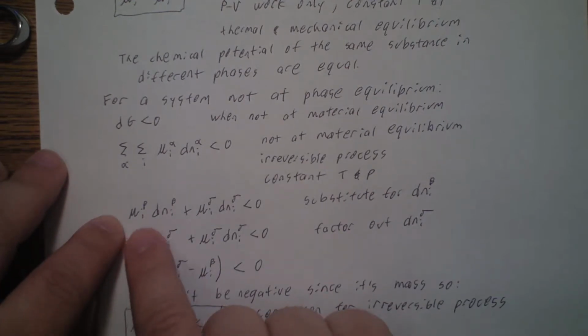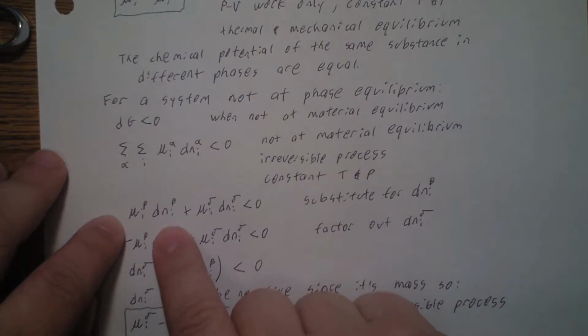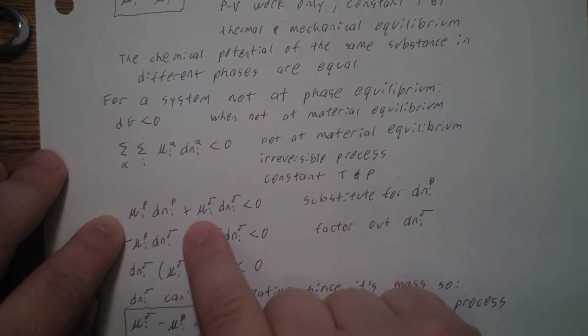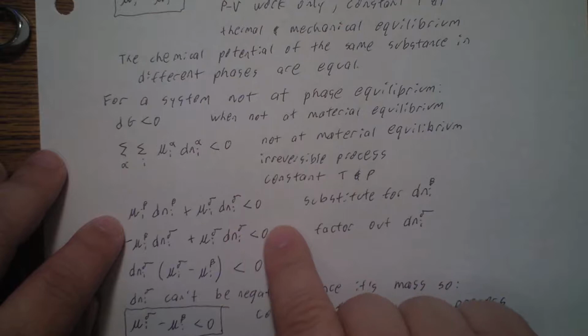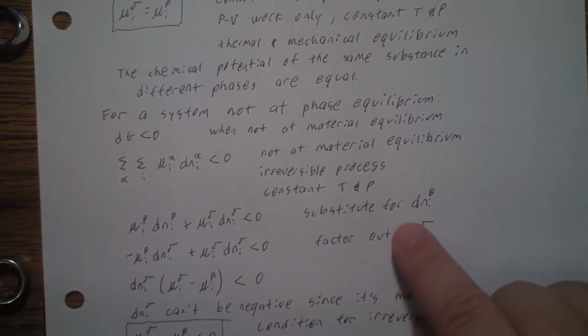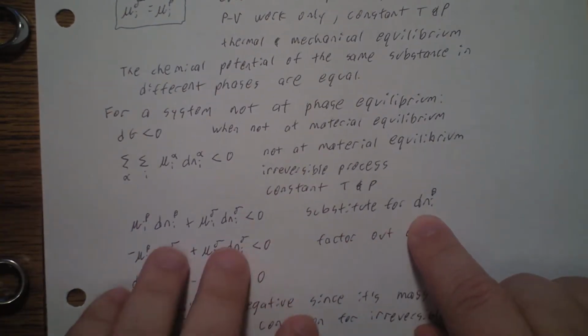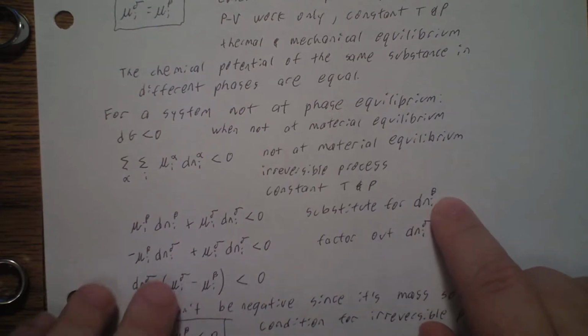So the chemical potential of substance i in phase beta times the differential of the number of moles of substance i in phase beta, plus the chemical potential of substance i in phase delta times the differential of the number of moles of substance i in phase delta, has got to be less than 0. So we want to substitute for that differential of the number of moles of substance i.